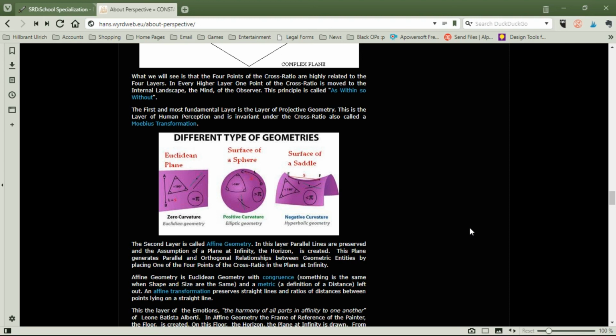So human perception fits in with this cross ratio, 2D to 3D to 4D. The cross ratio is what we are perceiving, the proportions of things, right? This is the layer of human perception and is invariant under the cross ratio, also called a Mobius transformation.